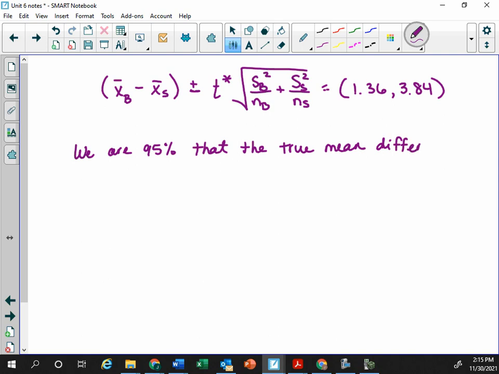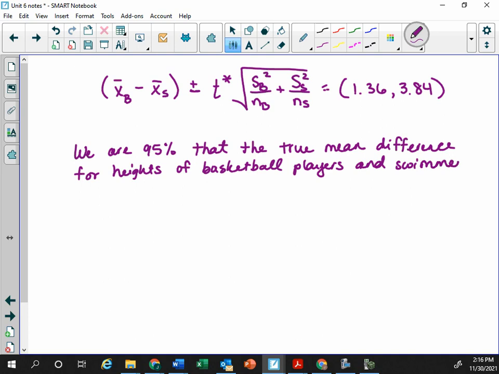So the true mean difference in heights of basketball players and swimmers at Langley is between 1.36 inches and 3.84 inches.